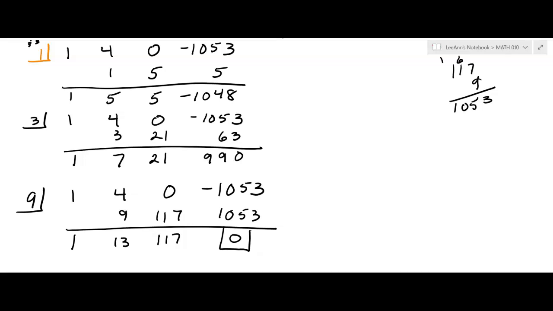Let's see, what does 117 break down into? 117 is 9 times 23. Let me make sure I did that right. Yeah. Okay, and 23 is prime. Ooh, not 23, 13. Sorry about that. Okay, we knew it had to be a 13 anyway.